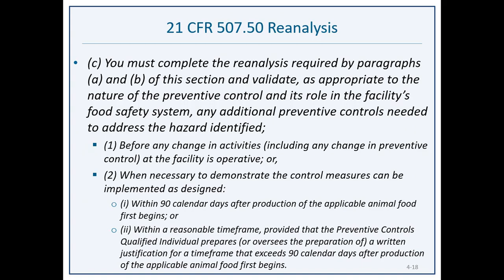And I think that makes sense. It's a good business practice. You know, if I was going to implement something new in my facility, I would want to do the legwork and the research beforehand to make sure that it's going to operate as I want it to and as I need it to. So make sure you're doing the reanalysis and incorporating that new system into your food safety plan before you actually start using it.